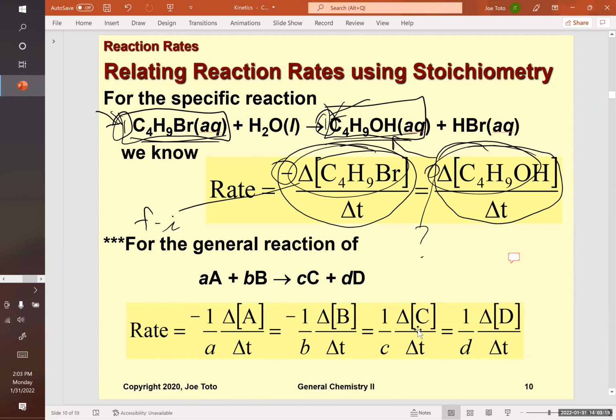So that leads to the question of what do we do when it's not one-to-one, but when we have stoichiometric coefficients that are different. Here I have a generic reaction with generic stoichiometric coefficients. So this is reactant A with stoichiometric coefficient a. So I have a A's react with b B's to make c C's plus d D's.